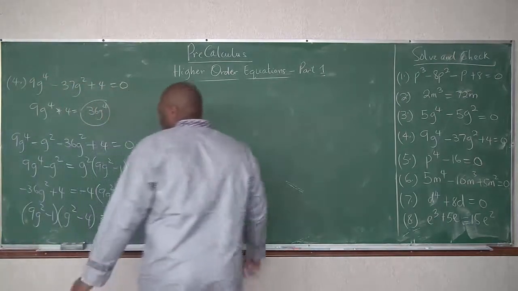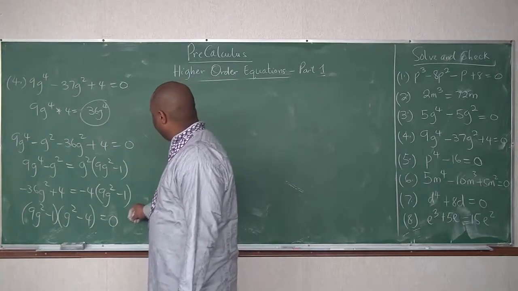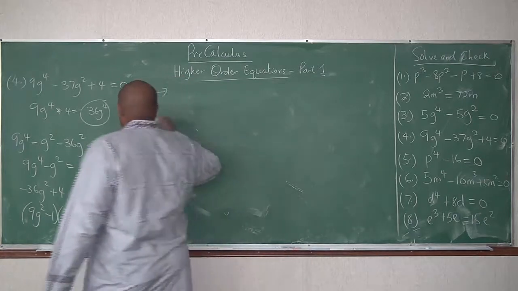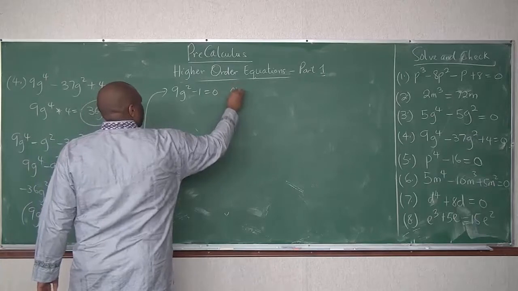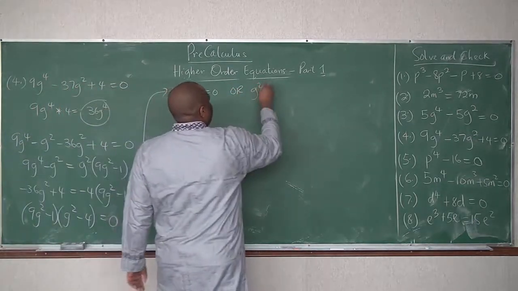So from here, what do you have, folks? You now do the zero product property. 9g squared minus 1 is 0, or g squared minus 4 is 0.